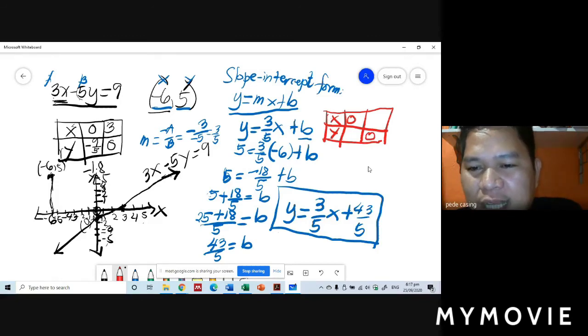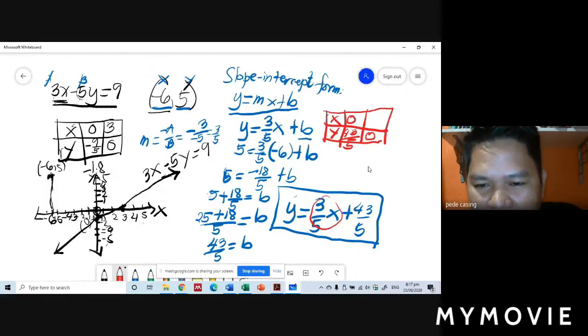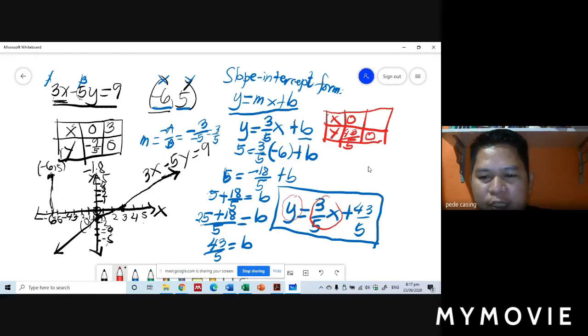So, when x equals 0, this will become 43 over 5. 43 over 5. Palihog kog compute, 43 over 5, what is the answer? Then what if ang y is 0? So therefore, ang kanang 43 over 5, mo transpose siya, mo transfer sa pikas, mahimo siyang -43 over 5 equals 3/5 x. Kung 0 ang y.